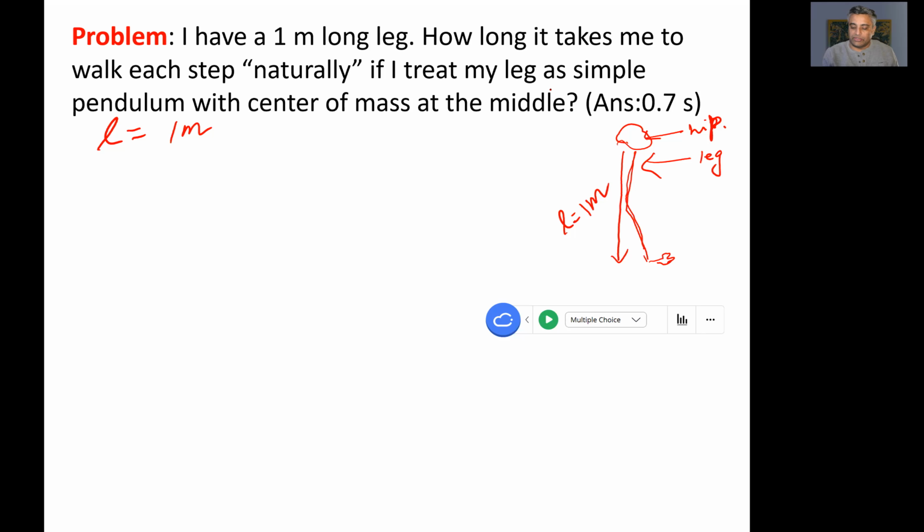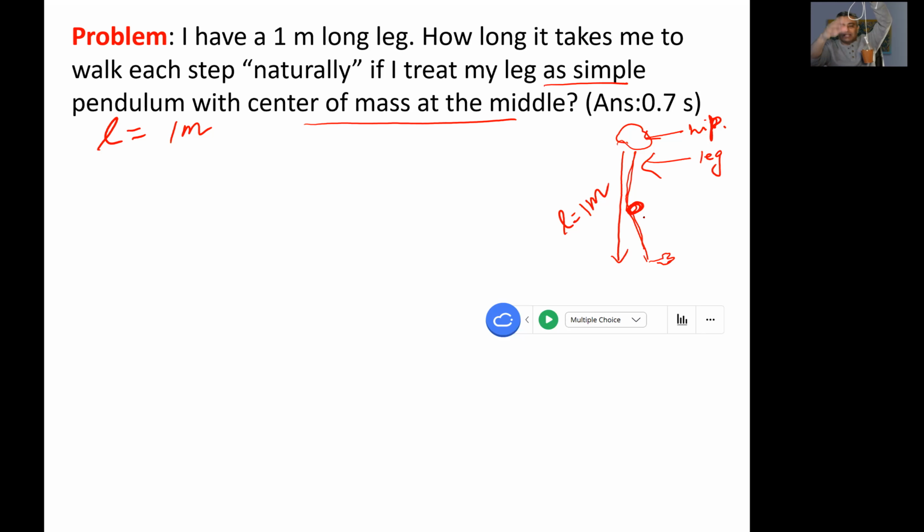If I treat my leg as a simple pendulum with center of mass at the middle, the center of mass is at the middle. In a pendulum, the length of a pendulum means from the point of suspension to the center of mass of the object.